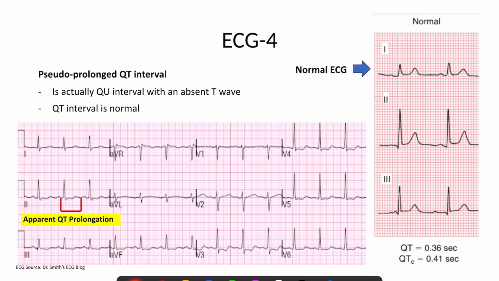So the QT interval looks as if it's prolonged, but actually it's normal. So it's known as a pseudo-prolonged QT interval or apparent QT prolongation. We need to be very careful while interpreting the QT changes in patients with hypokalemia. Here you can see the normal ECG with the normal QT interval and the normal corrected QT interval.